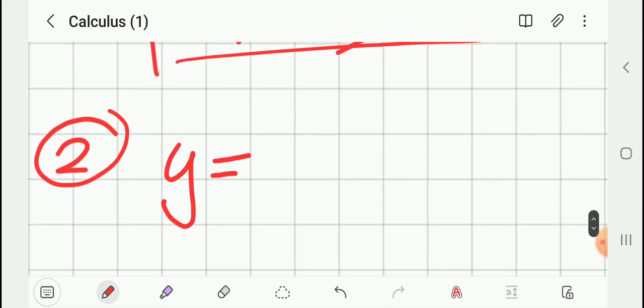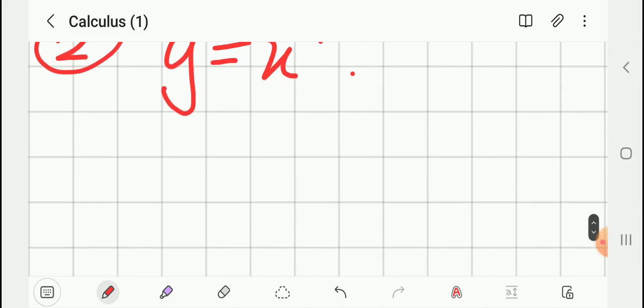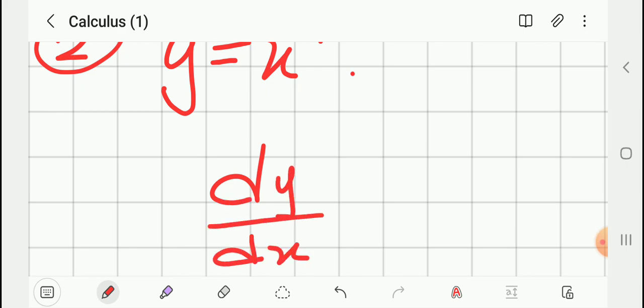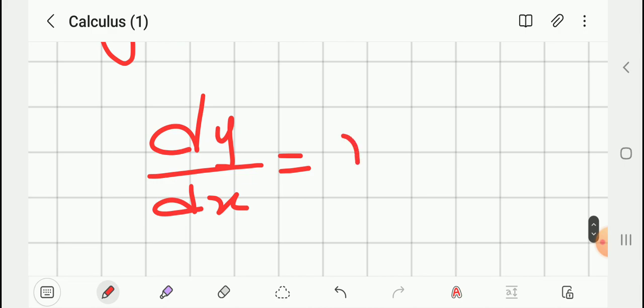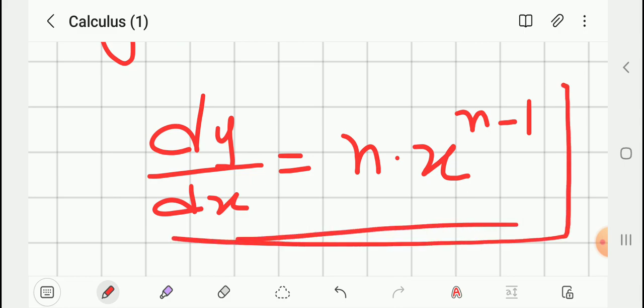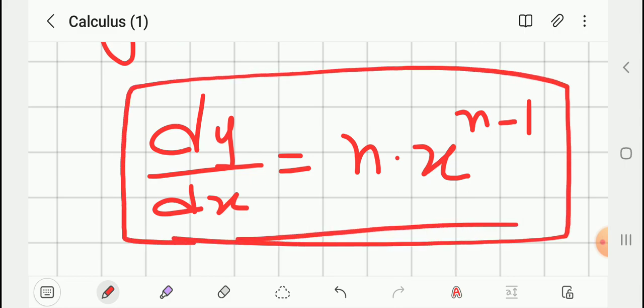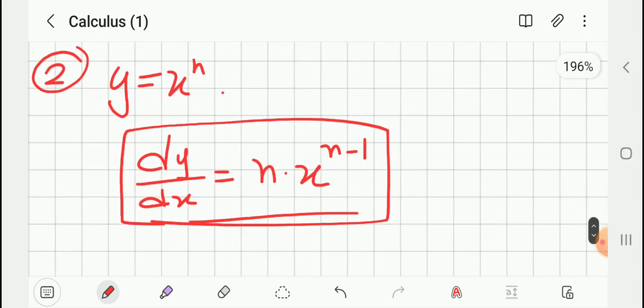When y is equal to x to the power n, meaning y is related to x, then dy by dx, the differentiation of y with respect to x, is n into x to the power n minus 1. Just note this down and try to learn it. We'll come to these sums after this.